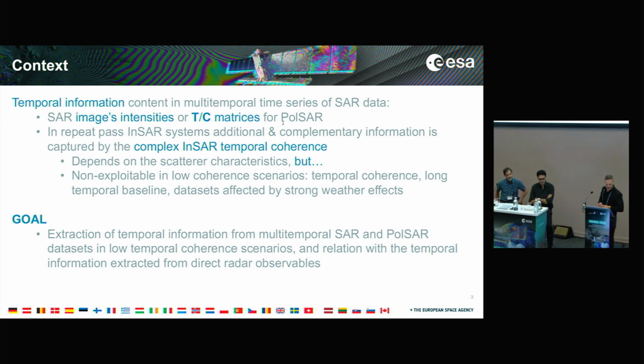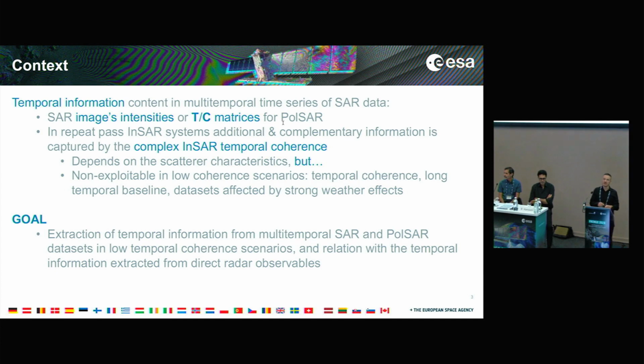So basically, what is the context of this presentation? When facing the analysis of temporal series, we ask ourselves, what is the temporal information, or where could we identify changes? We can identify changes in the temporal series of intensities, or in the case of polarimetry, in the temporal series of the covariance or coherency matrix.